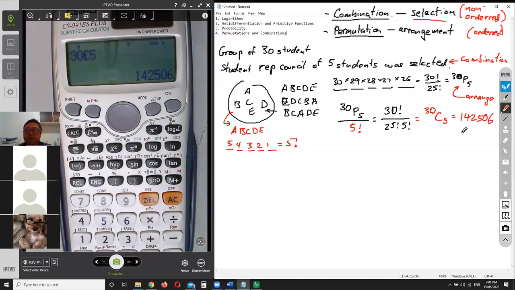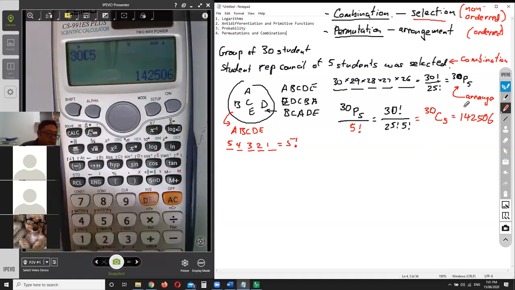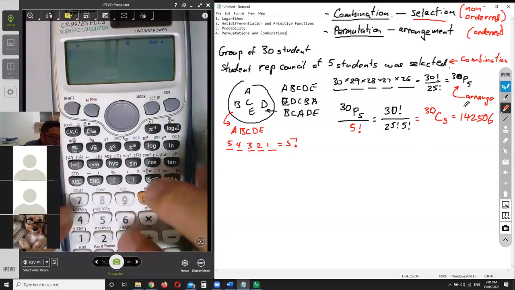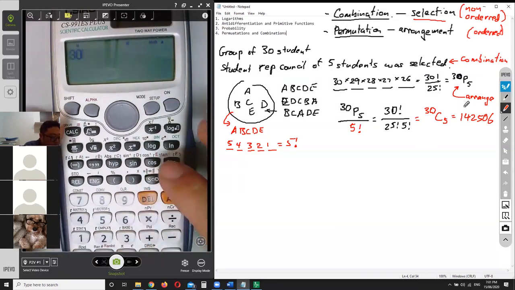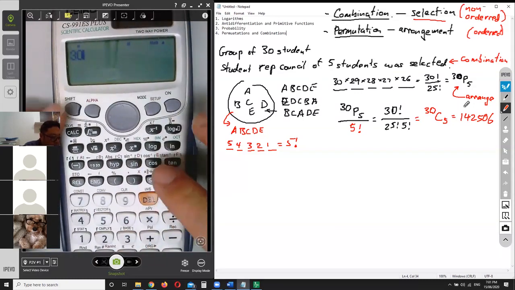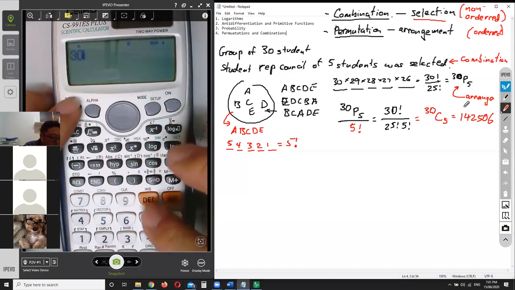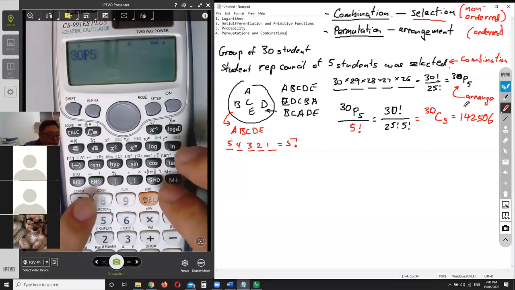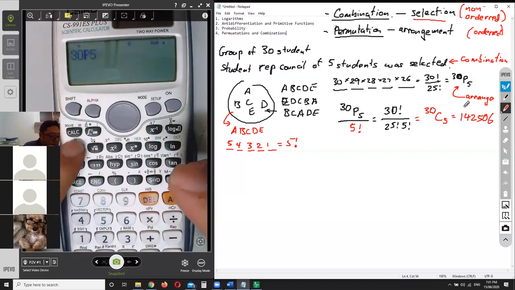Here's what I want you to try. Try the same thing: 30P5 over 5 factorial.